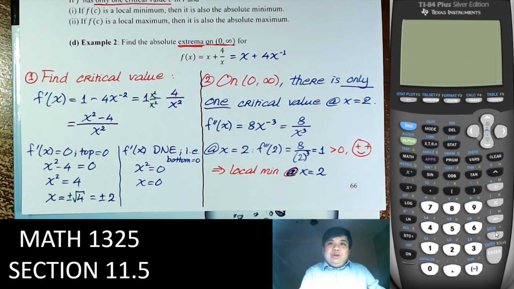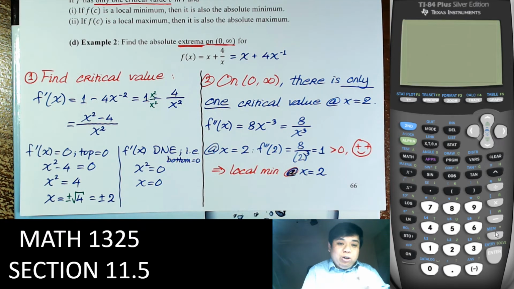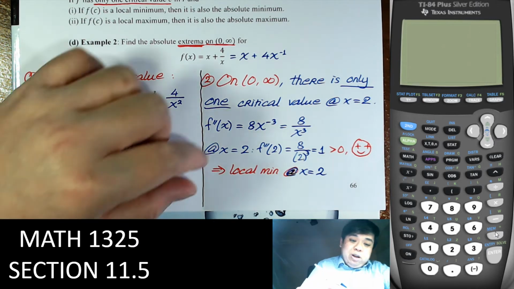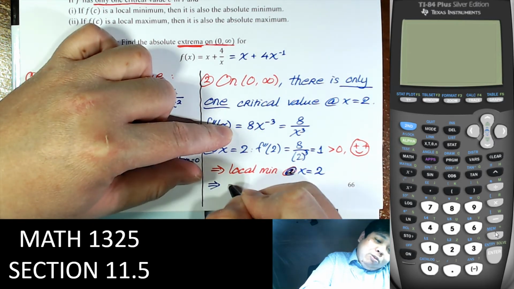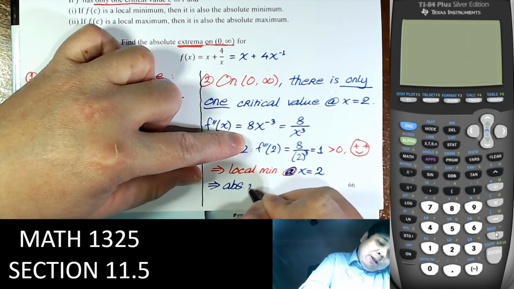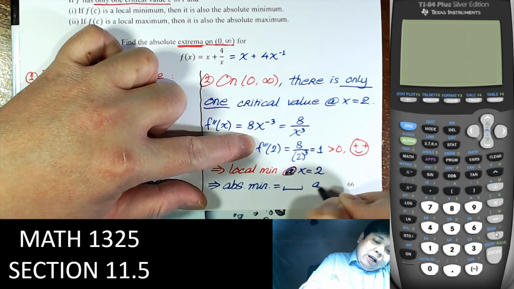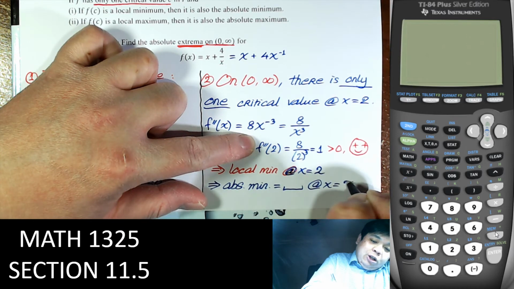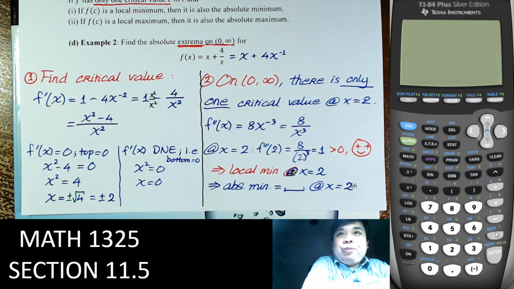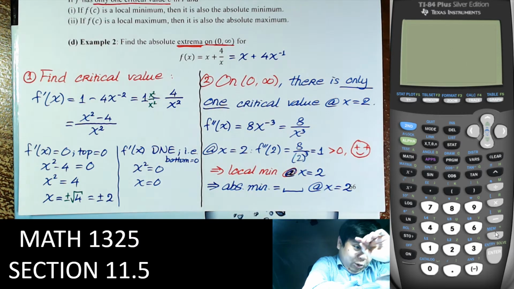Now, according to the theorem, if we have exactly one critical value, it's not only the local min, it is also the absolute min at x equal to 2. So, because it is only one critical value, we can say the local min is also absolute min, local max is also absolute max.